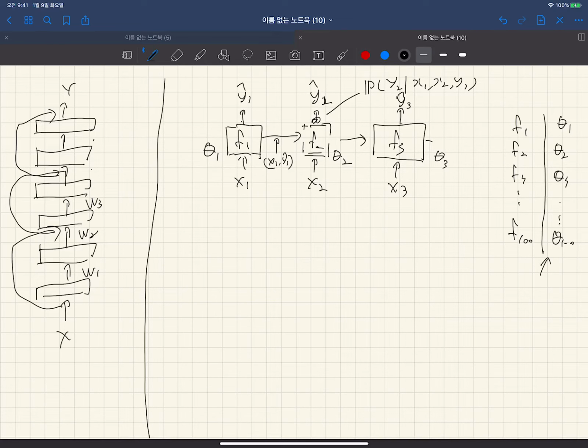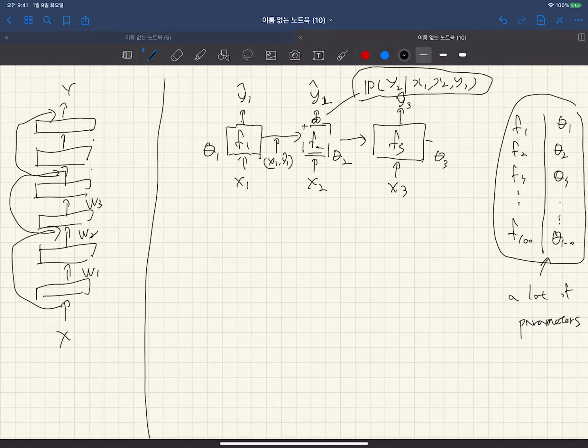So we need a lot of parameters to define such a conditional property. And also, this is a super deep architecture. Why?